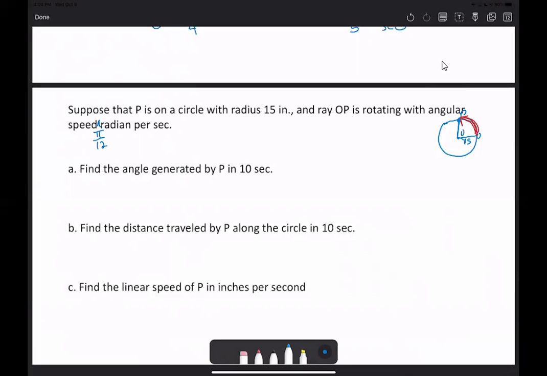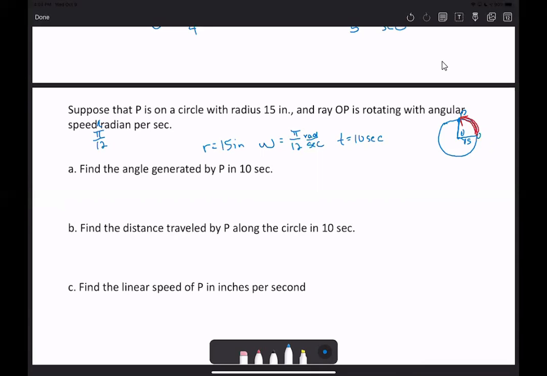So we're looking for the angle. Remember, your angle has to be in radians. We know r is 15 inches, omega equals pi over 12 radian per second, and t is 10 seconds.